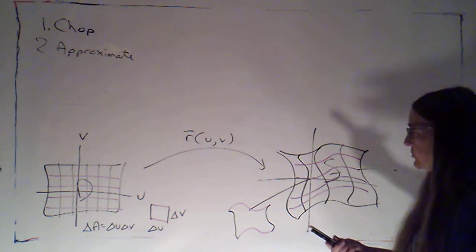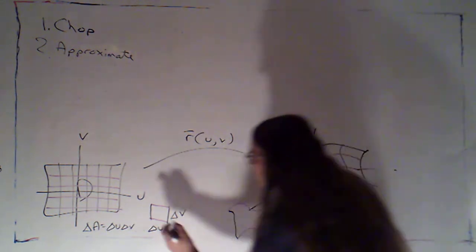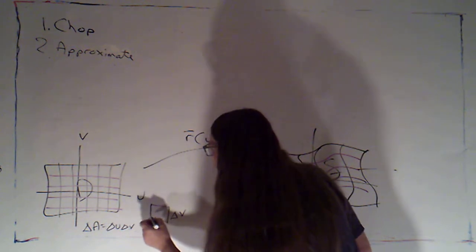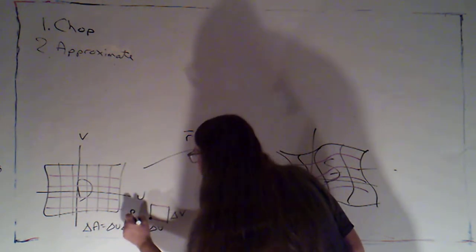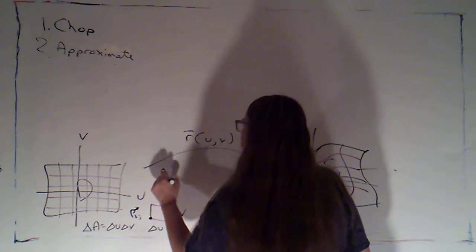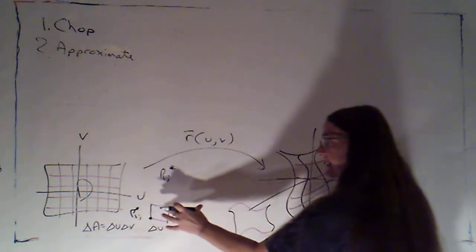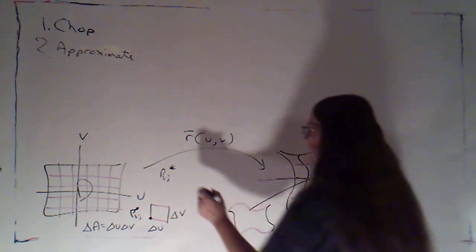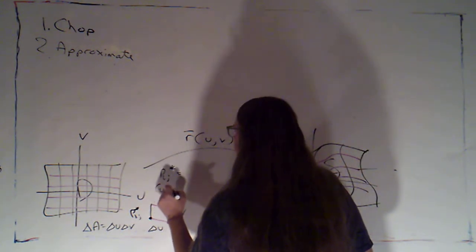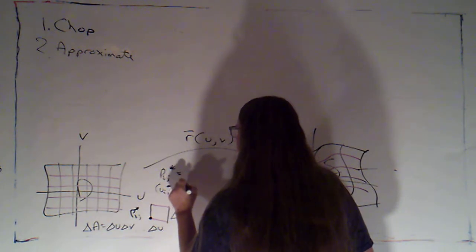So let's suppose that I have some point here. I'm going to just call this point Pij star. Pij star is a representative point in the ijth rectangle, and that's in the UV system. So that would be Uij star, Vij star.